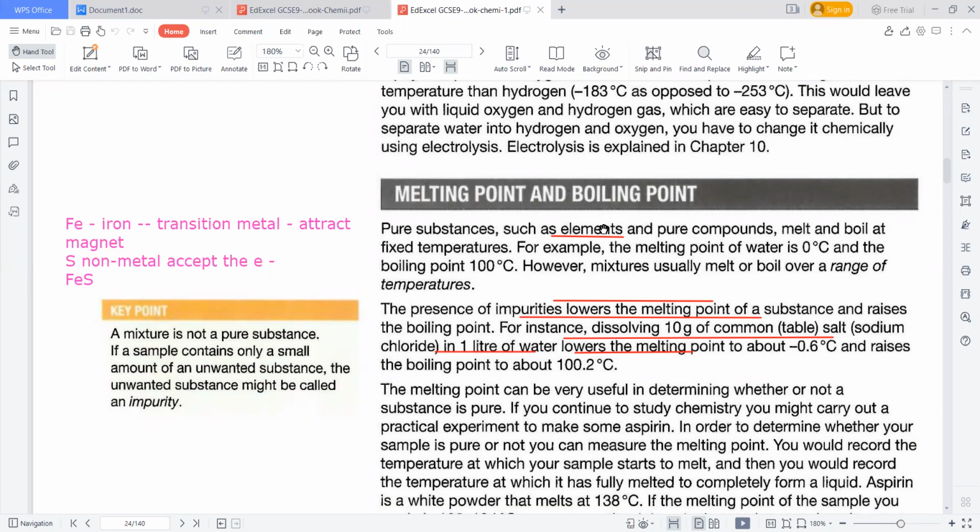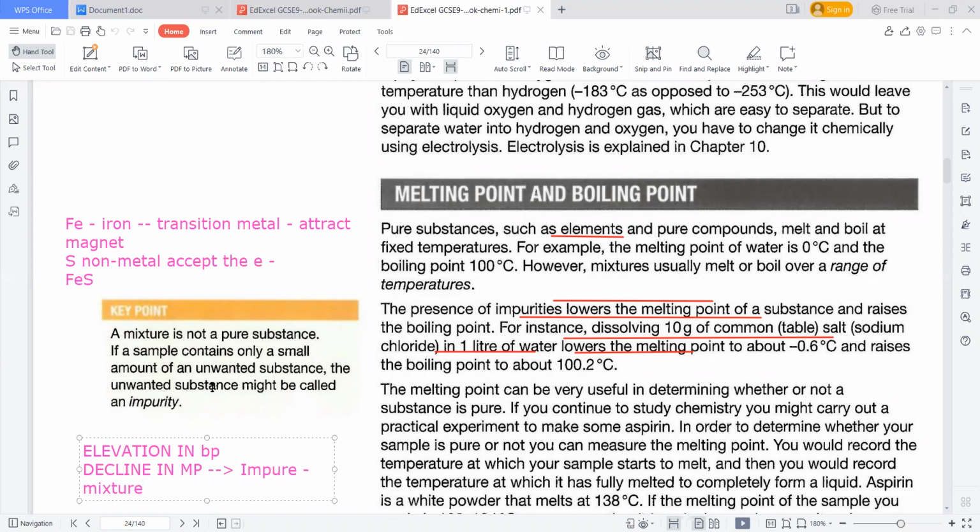In case of impurity, we might see an elevation in the boiling point or a decline in the melting point, which is a symbol of impurity. Impure means a mixture of substances is present.